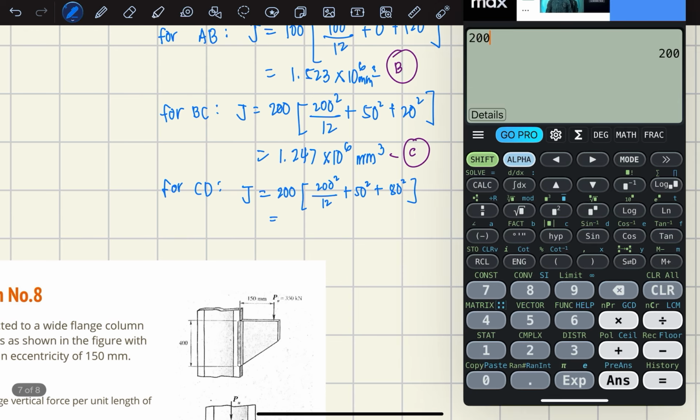So, therefore, yung polar moment ng segment CD is equal to 2.447 times 10 raised to 6 mm cube. So, store natin siya sa D.